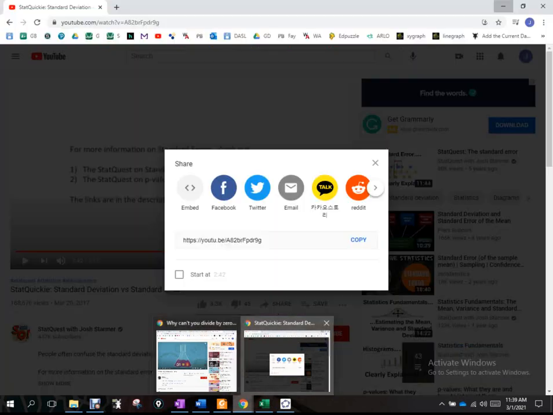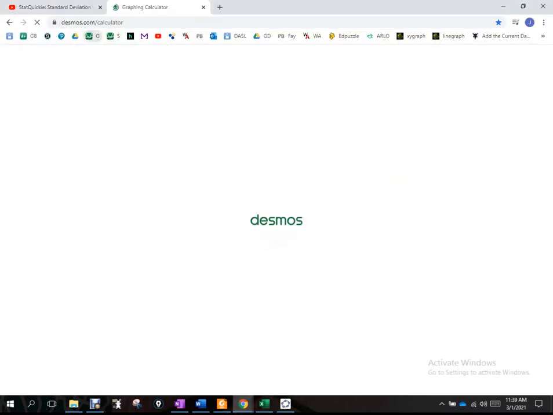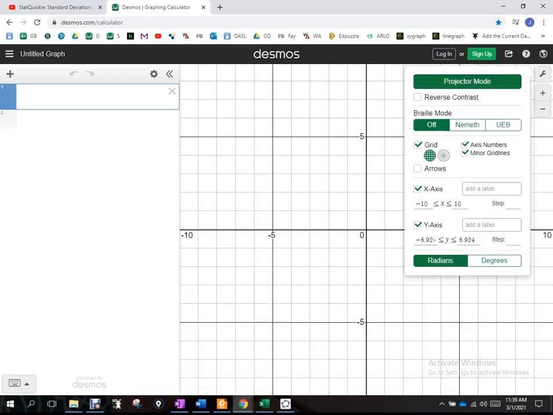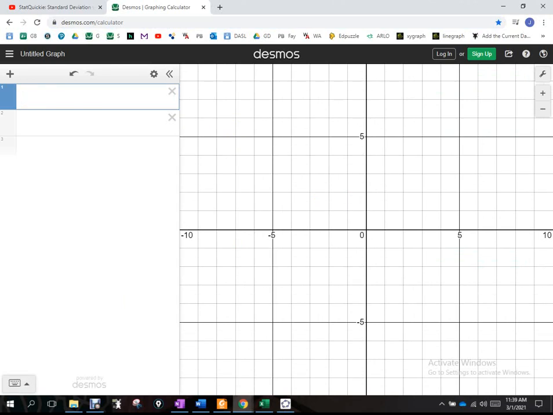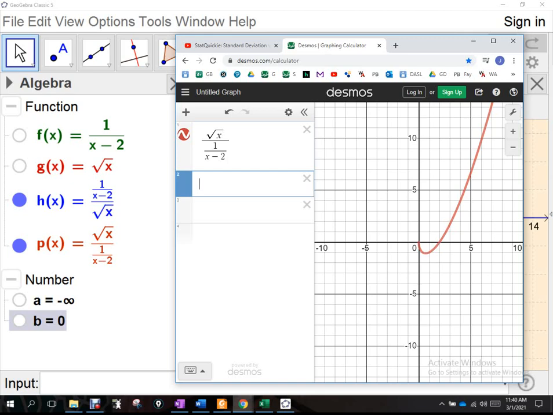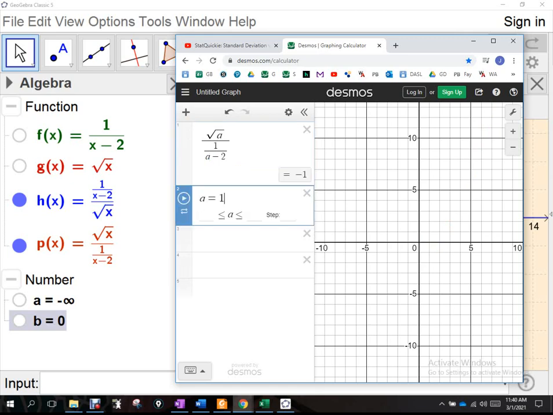Sometimes we get little glitches with GeoGebra with the quotient line. So if I go square root of X divided by 1 over X minus 2. Actually, I got to make those A's. And then I say A, I want to be 2. Still going to do it.